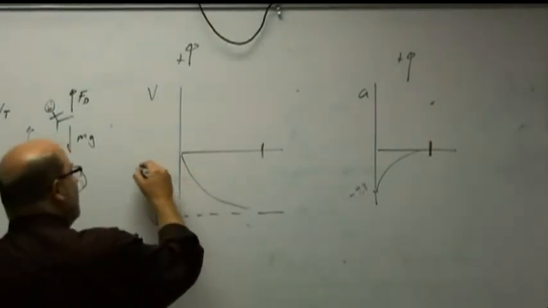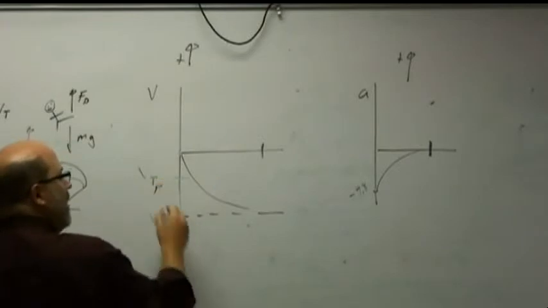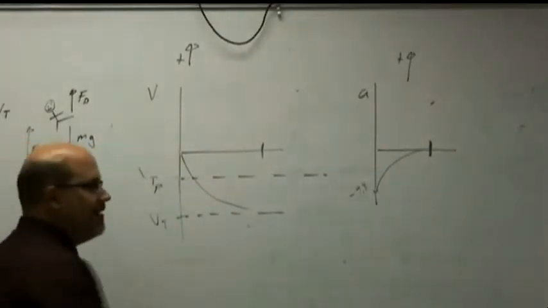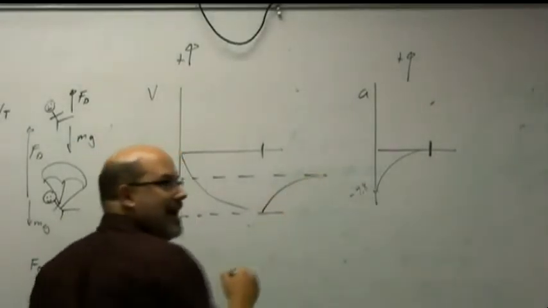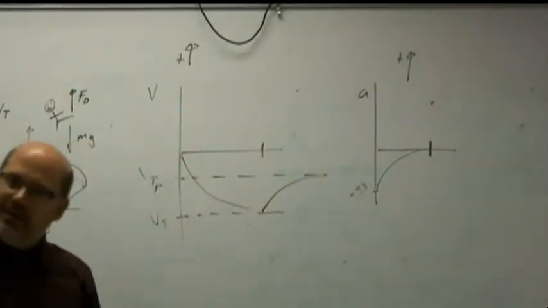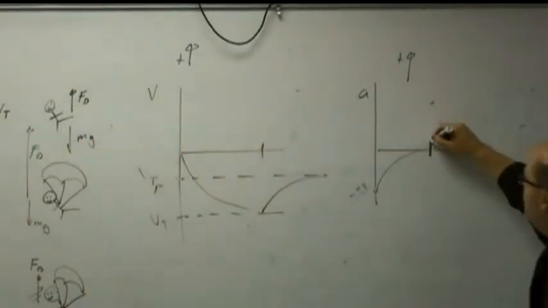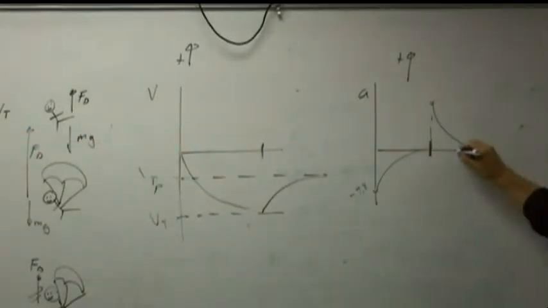So this is terminal velocity with your parachute. You approach it like that, with a new exponential rise. Your acceleration will jump up here and then go down like that, because you'll eventually get to a constant velocity again.